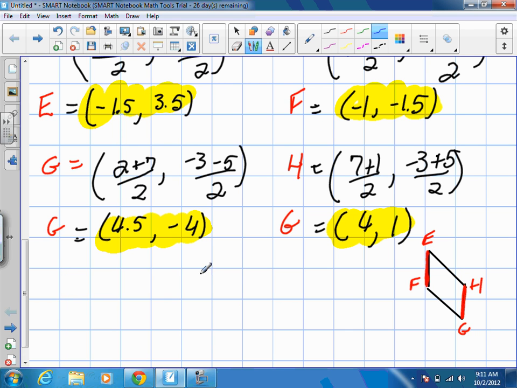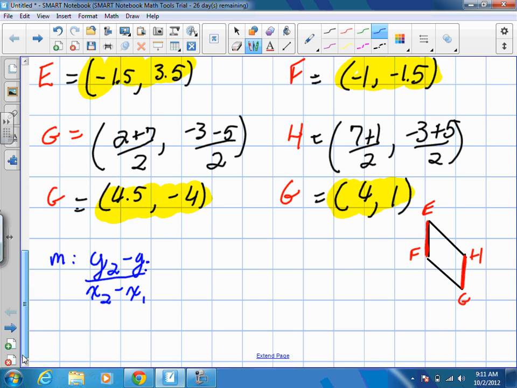Slope formula is, anyone remember? Y2 minus y1 divided by x2 minus x1. EF, these are the coordinates of E and F. We'll find the slope from that one, our very first one.